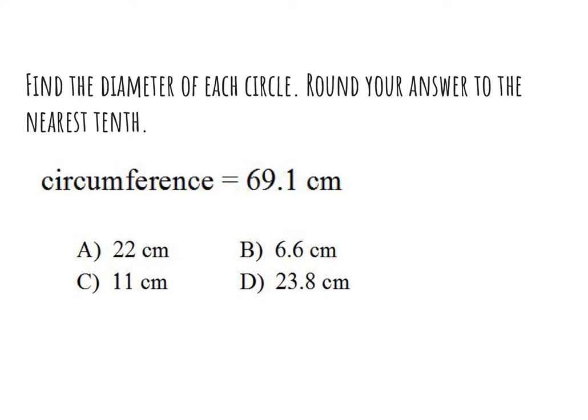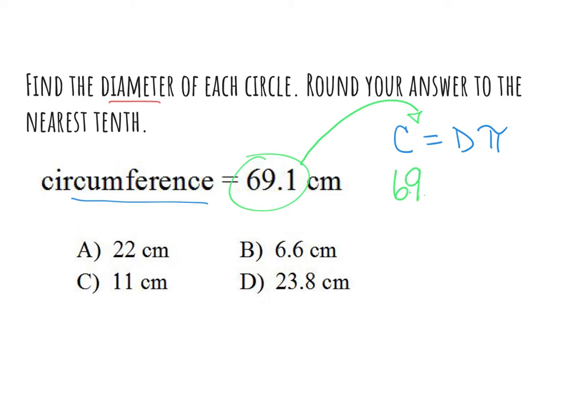So now you try. Given the circumference, find the diameter. I'm going to use a formula that uses circumference and diameter. So that is C equals diameter times pi. I'm going to fill in the information I know. So 69.1 is my circumference. And then I'm going to solve for the letter D because that represents diameter.